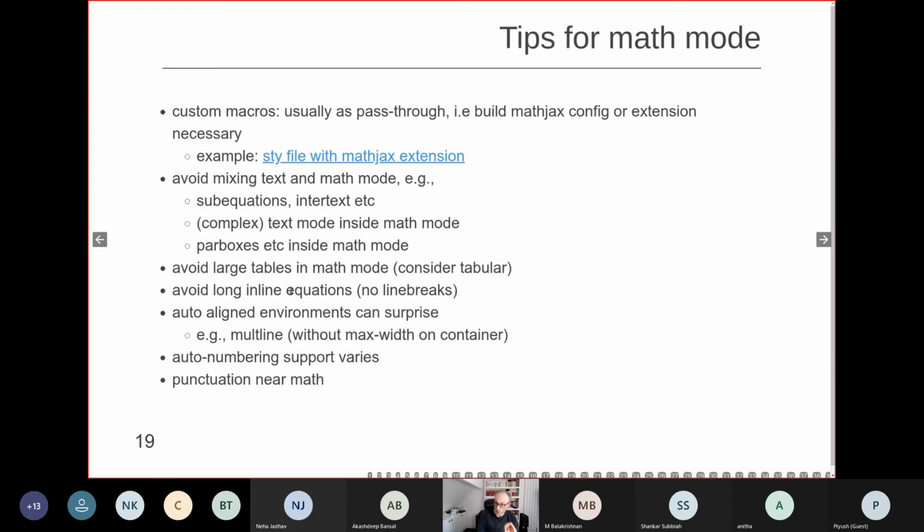There's plenty of other things you should avoid in math mode. The one I am very fond of pointing out is to avoid too much mixing. You can mix text and math mode, but you can nest that so deeply that ultimately it all breaks down. From a pure web display point of view, think about who has to parse what. Text is normally rendered by the browser.